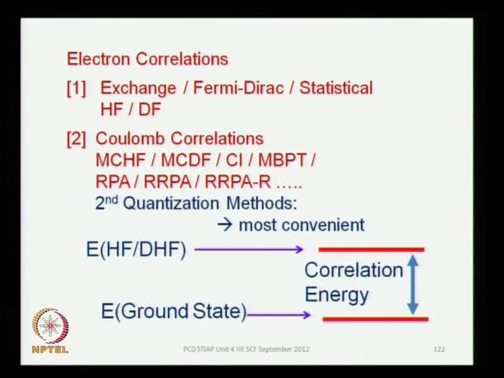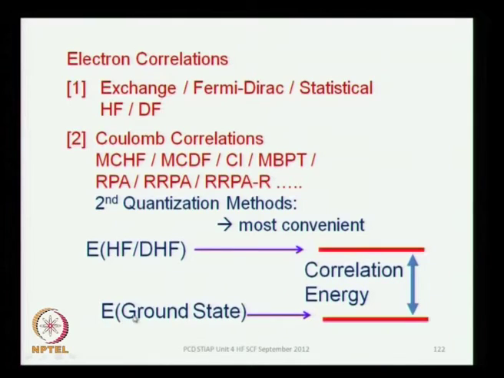But at this point I would like to mention that you need more powerful techniques like second quantization and field theoretical methods to address those issues which go beyond the Hartree-Fock, which go beyond the frozen orbital approximation, so that you can include the Coulomb correlations. They are the ones which are responsible for the fact that the actual ground state is not the same as the Hartree-Fock or the Dirac-Hartree-Fock ground state. You miss out on something, and what you miss out is typically called the correlation energy.